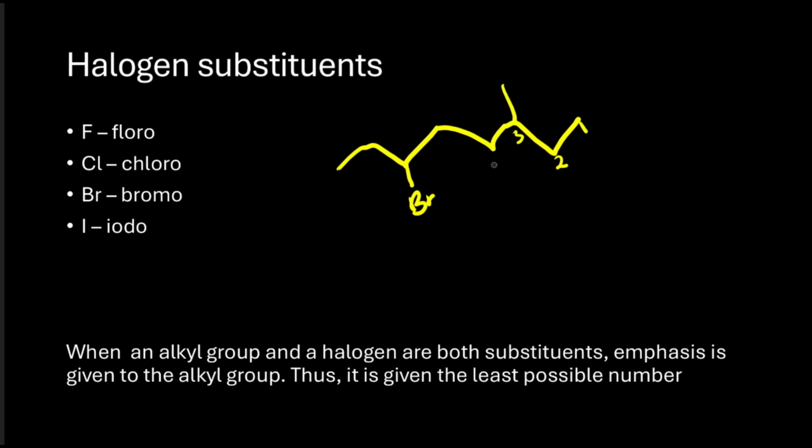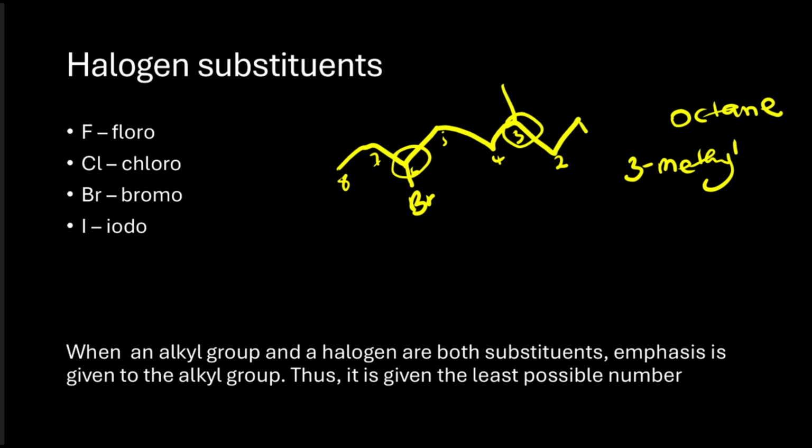So in this case, we identify our longest chain. So we have 6, 7, 8. So this gives us octane. And then we give the least possible number to the alkyl group. So we have the number 3 here, indicating the least possible number to this alkyl group, which is methyl. So we have 3 methyl, and then we have 6 bromo.